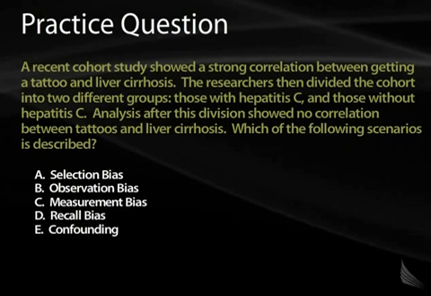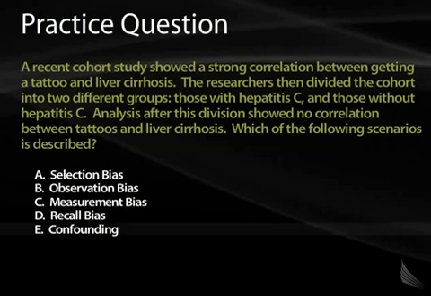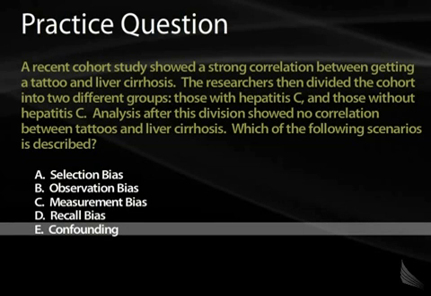This actually is an example of confounding bias, and that is to say that initially there appeared to be a relationship between tattoo and liver cirrhosis. However, since both of these two are correlated with hepatitis C, it serves as a third potential variable that might be confounding this analysis.